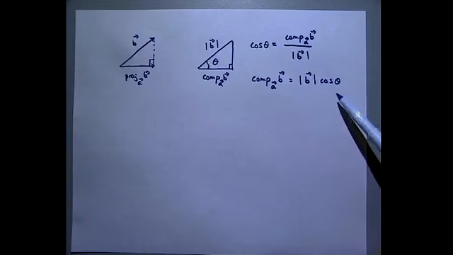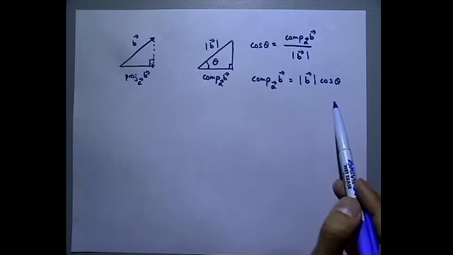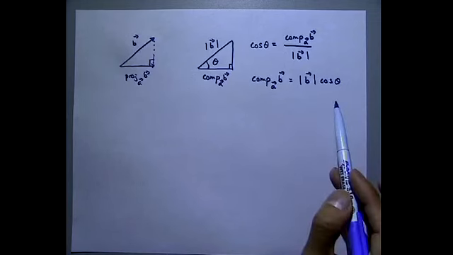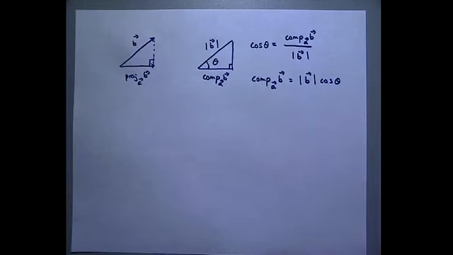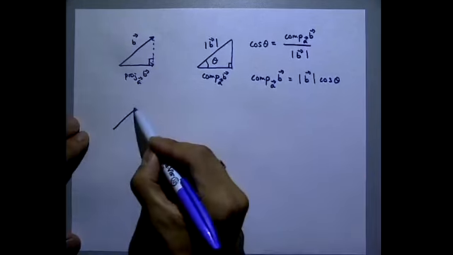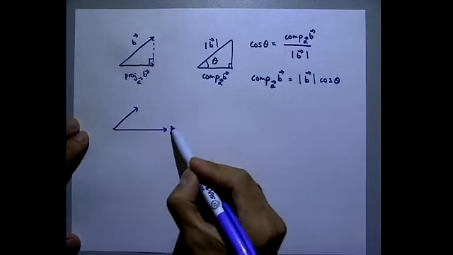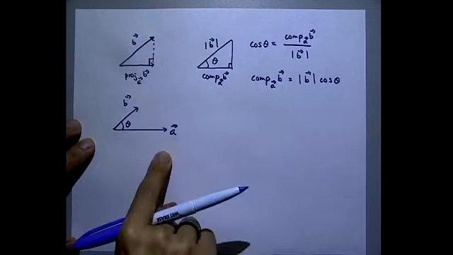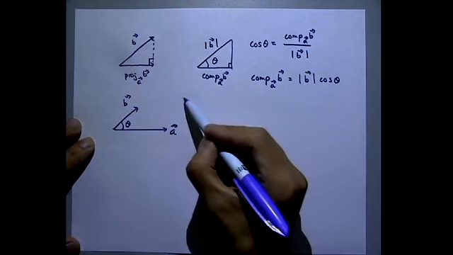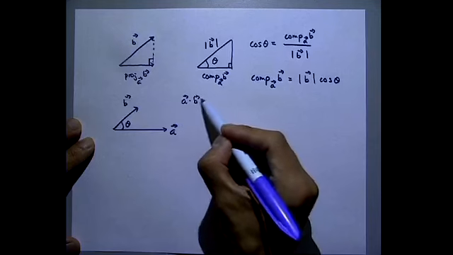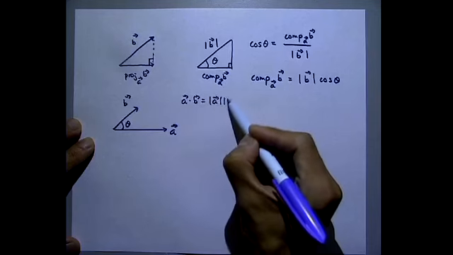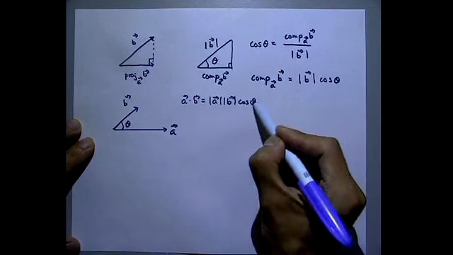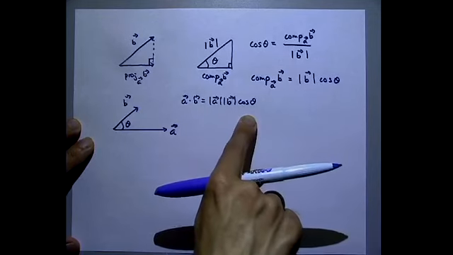But often we don't have theta. Often we know what A and B look like, but we don't have theta directly. So we want to modify this formula a little bit so we don't have to calculate theta necessarily. We can just use the vectors A and B. Here's the original picture. We know this formula, the basic dot product.